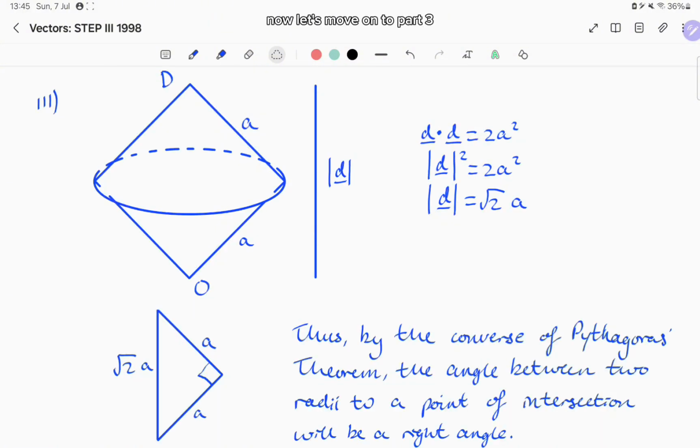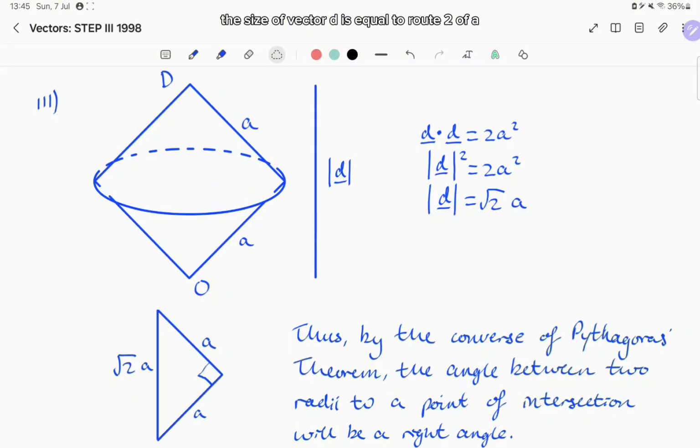Now let's move on to part 3. Here we have two cones meeting. This, of course, is the area where two spheres of radius a and separation d are intersecting.